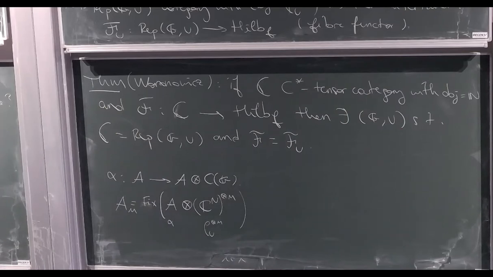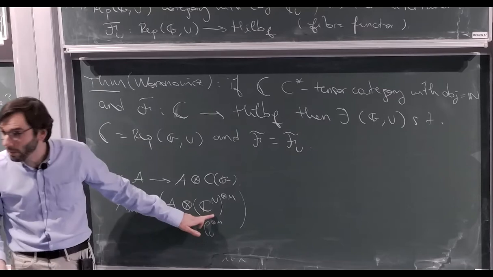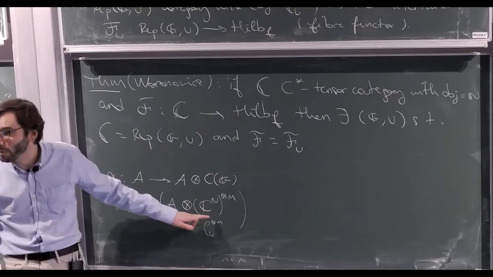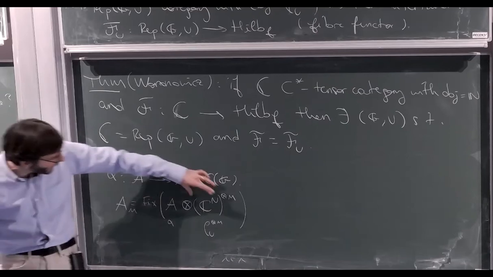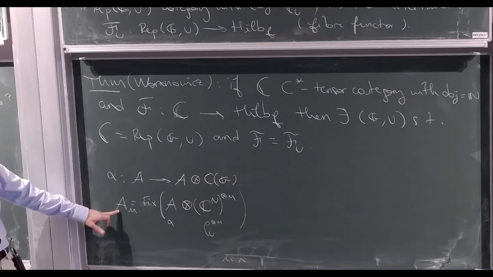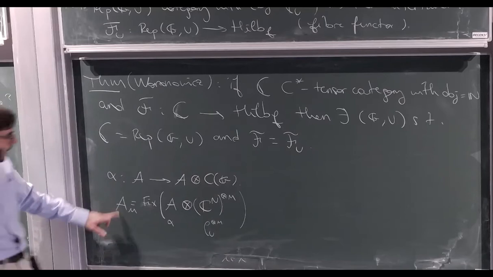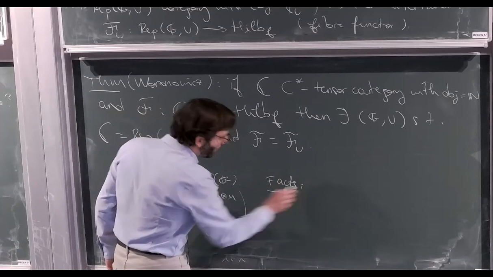So that's somehow a way of comparing the way the group acts on this and on this, right? Basically, that's exactly the part of A on which it acts exactly as rho U tensor n.